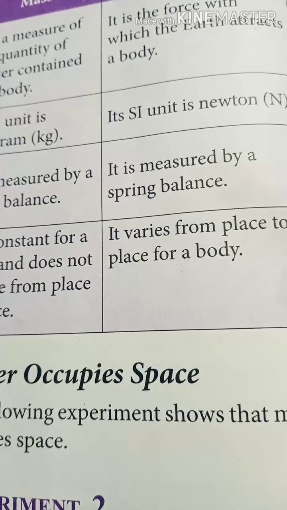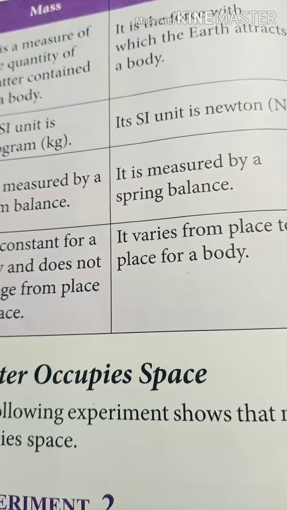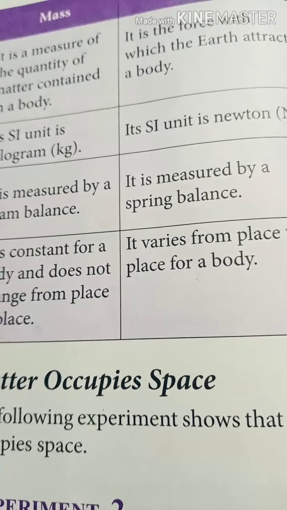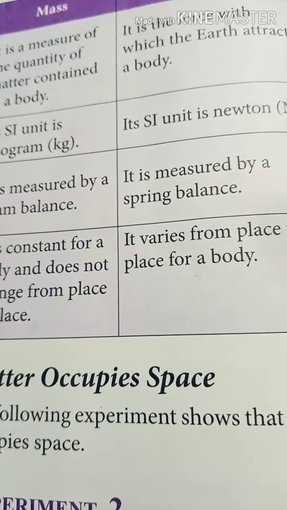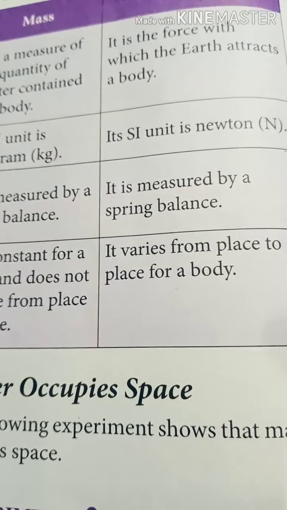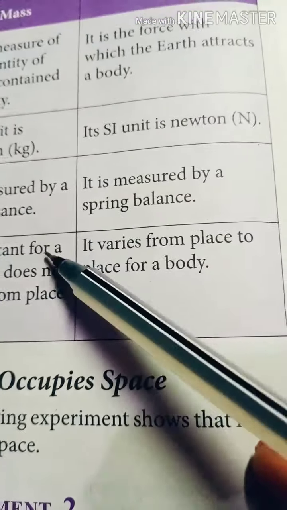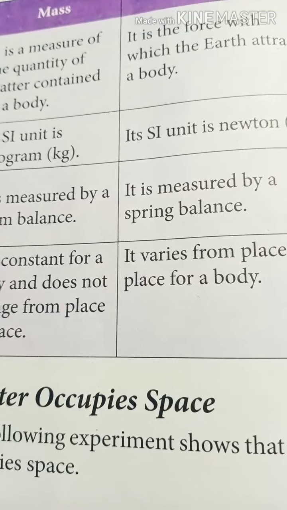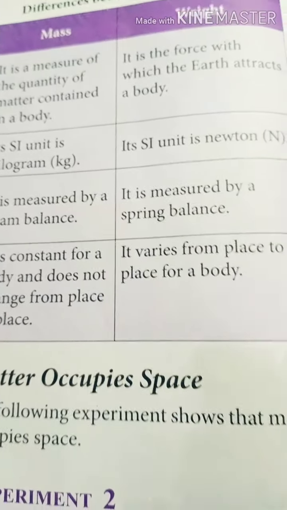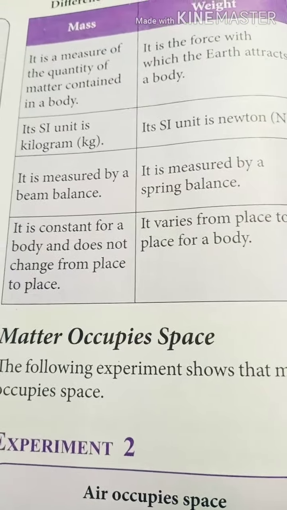The weight on earth is 6 times greater than the weight at the moon, because it depends upon the gravity of the two places. So the weight shows a difference for a body, but the mass will be the same whether it is at the moon or the earth. That is the difference between mass and weight. Mass and weight are never the same thing.